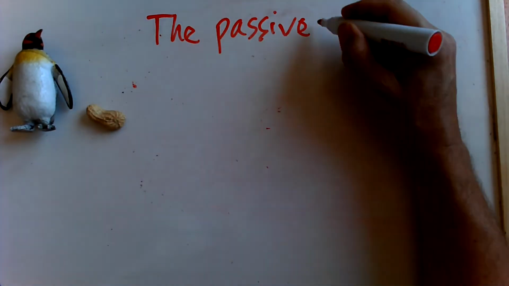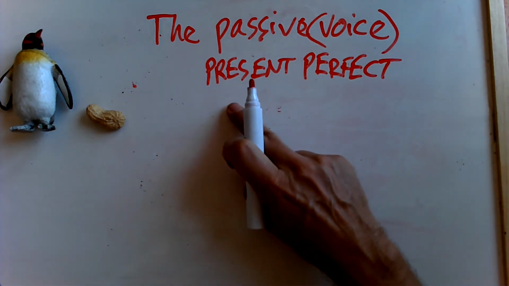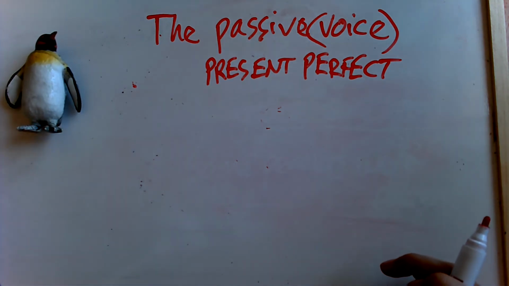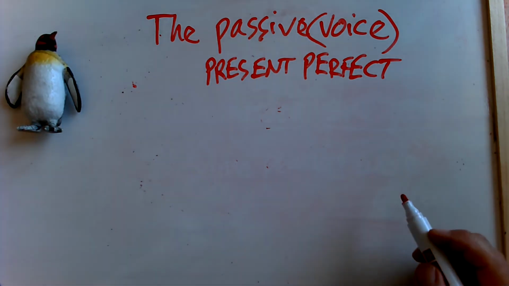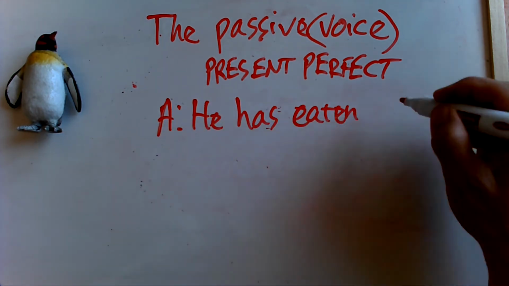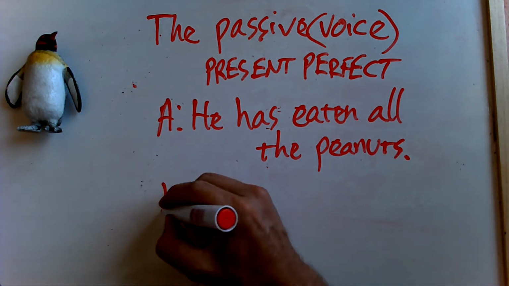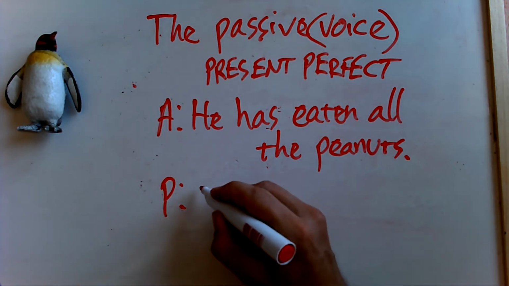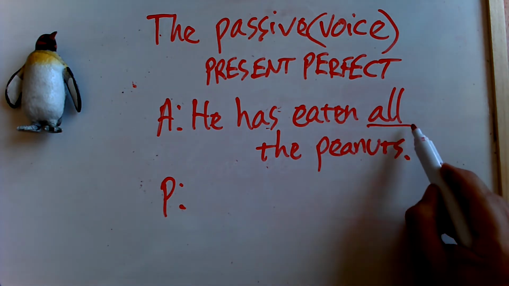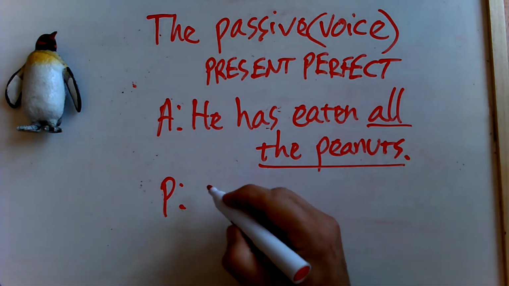With present perfect, well, Percy got increasingly peckish, increasingly hungry, and now he has eaten all the peanuts. He has eaten all the peanuts. For the passive, the original object moves to the beginning of the sentence.